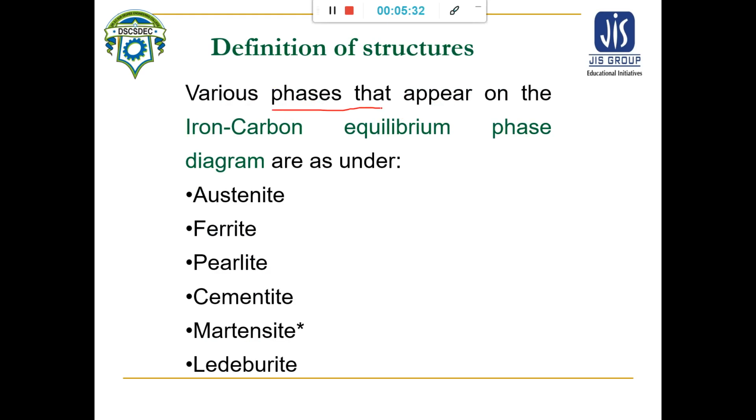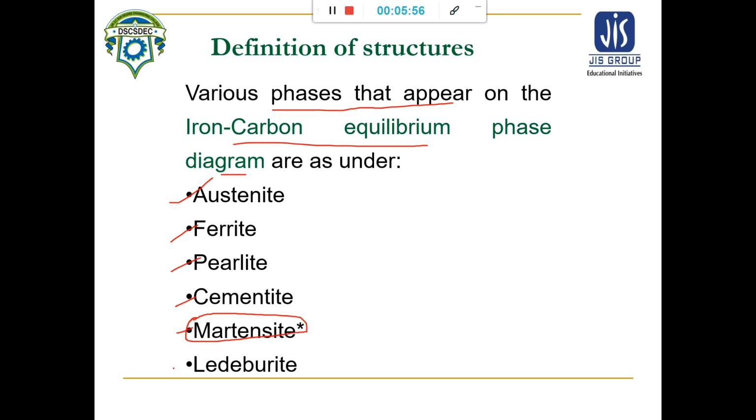So the various phases that can appear in the iron carbon equilibrium phase diagram are austenite, ferrite, pearlite, cementite, and martensite. This martensite is not an equilibrium phase, but it can exist, and it has very special properties. So that's why we will try to retain this martensite.